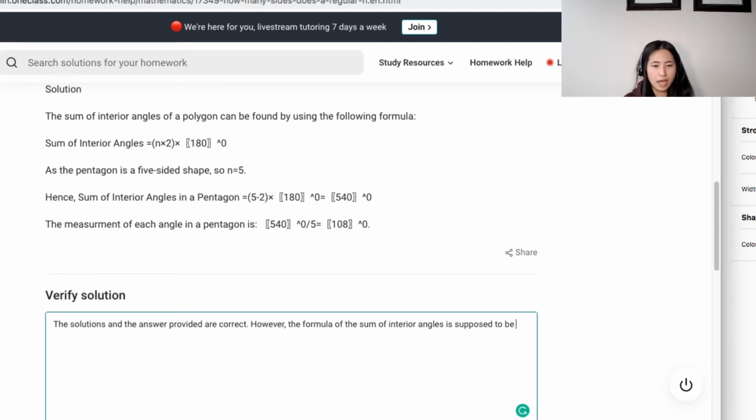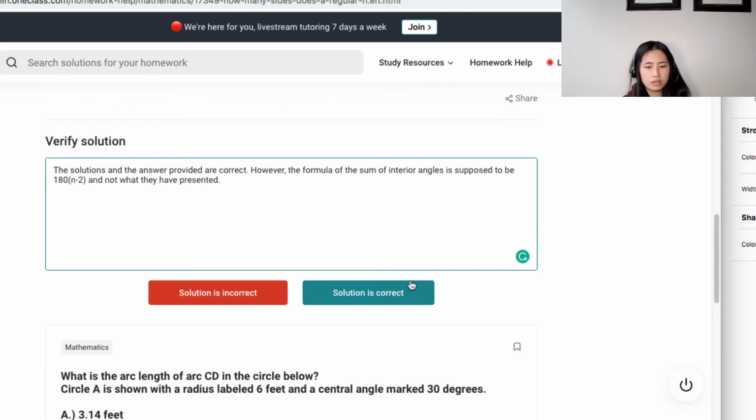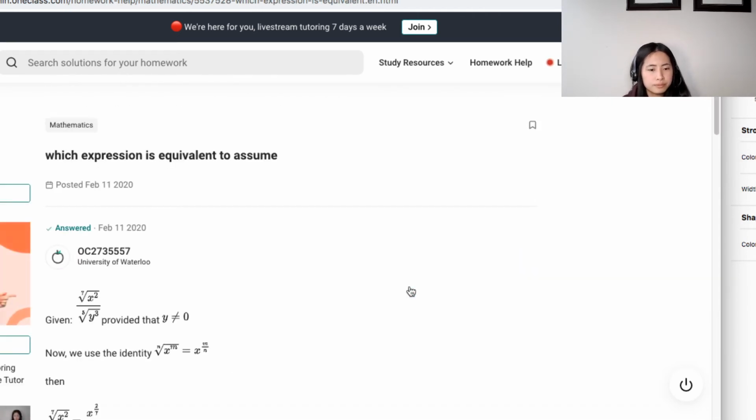Sorry, this is supposed to be n minus 2 times 180, so 180 times n minus 2. That's supposed to be the sum of the interior angles, and not what they have presented. Okay, solution is correct.